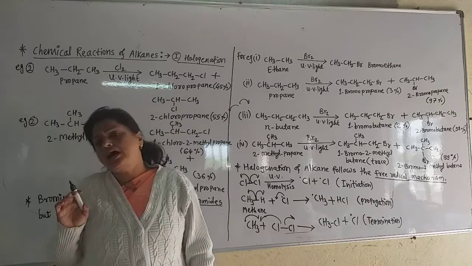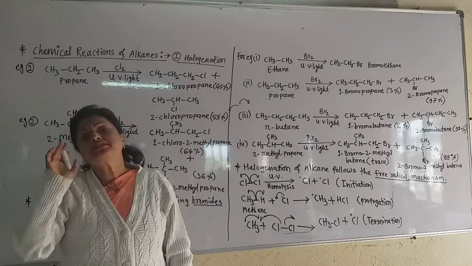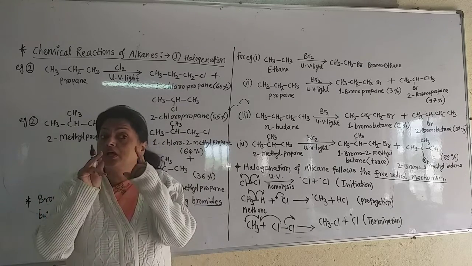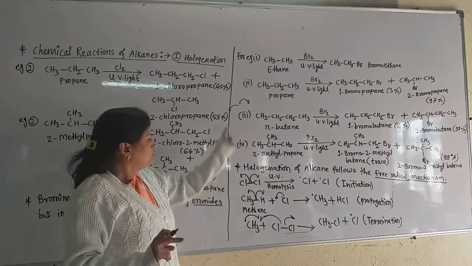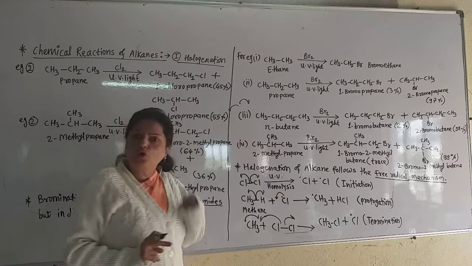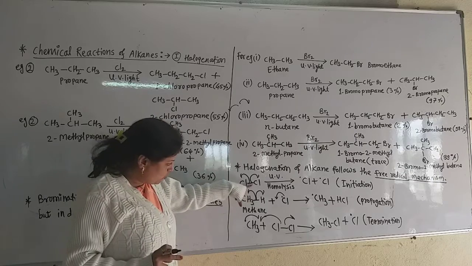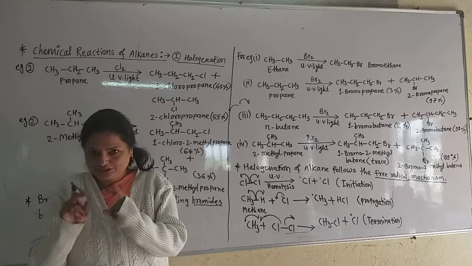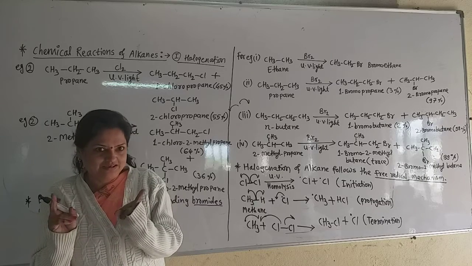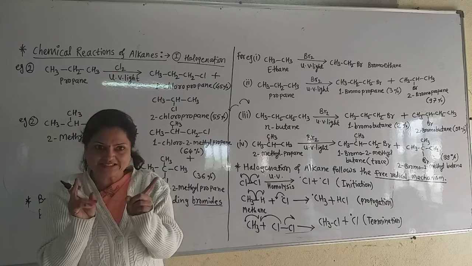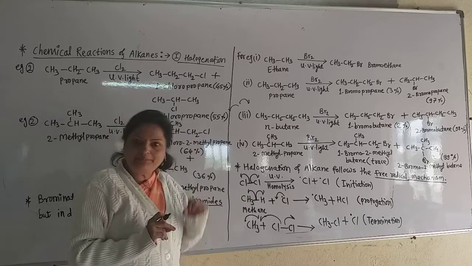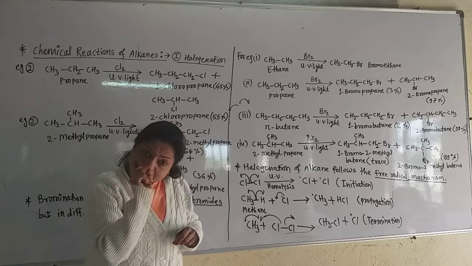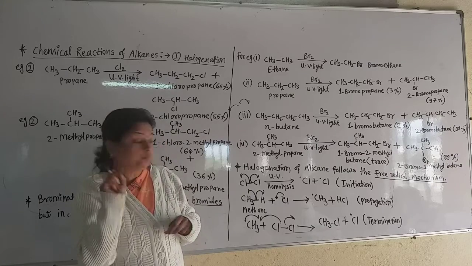Why do I show half arrows? Because the free radical mechanism is shown by such arrows. One electron goes to one chlorine of this covalent bond and the other electron goes to the other chlorine atom. So the electrons go to two different atoms, and the arrow is a half, curved arrow, not a straight arrow.